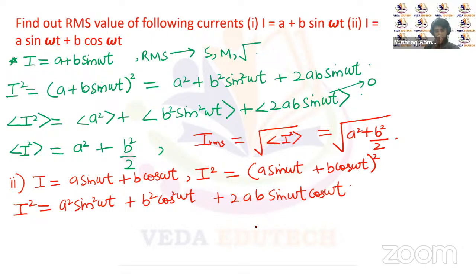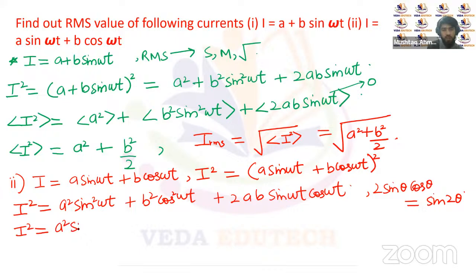We can rewrite this: twice sine omega t cos omega t is 2 sine theta cos theta, and we know that it's equal to sine of twice theta. So we can write it like that. So I square will be equal to A square sine square omega t plus B square cos square omega t plus AB sine of twice omega t. We have reduced it to this form.